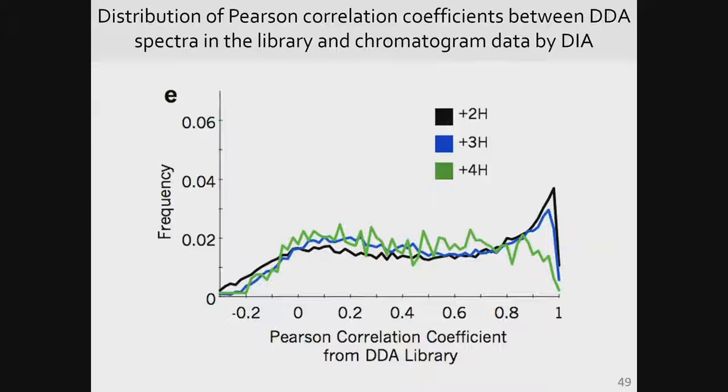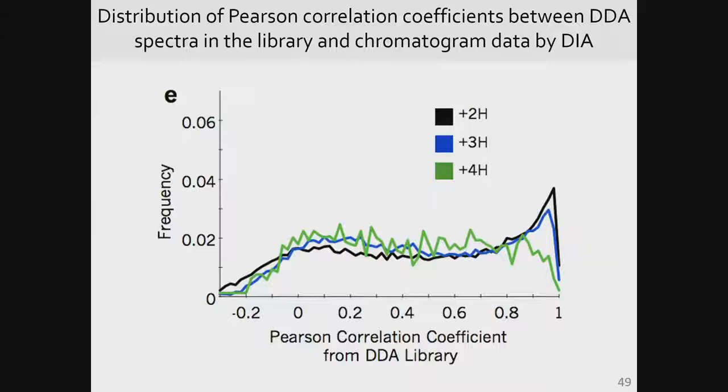So what we've shown here is a plot showing the deviation from the optimal spectrum, using Pearson's correlation coefficient, between the spectrum in the library and the spectrum collected by the chromatographic data. You notice that the doubly charged precursors by DIA correlate the best relative to the spectra within the library.